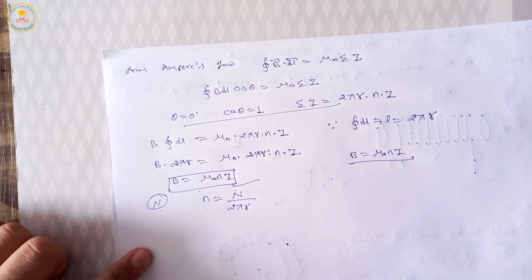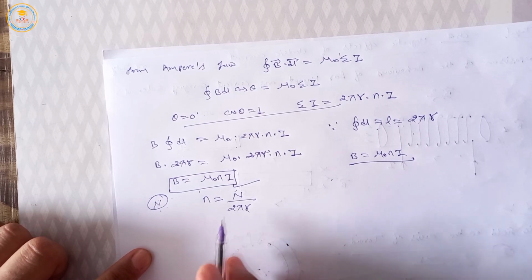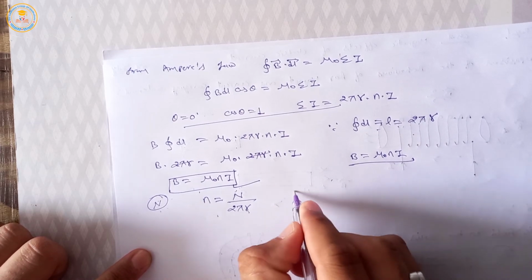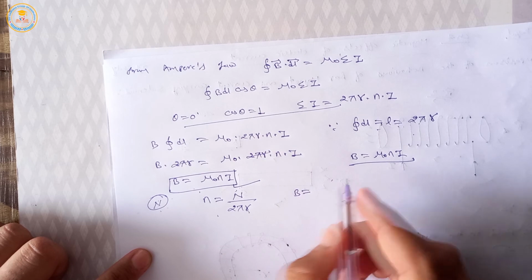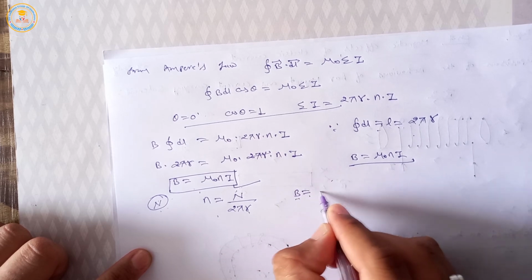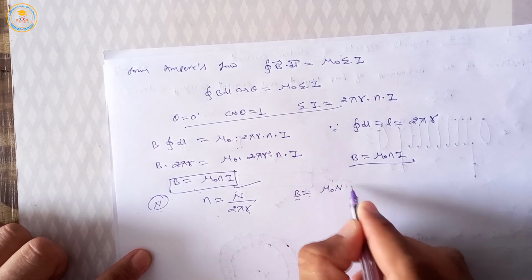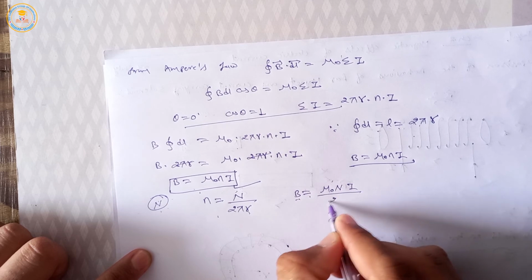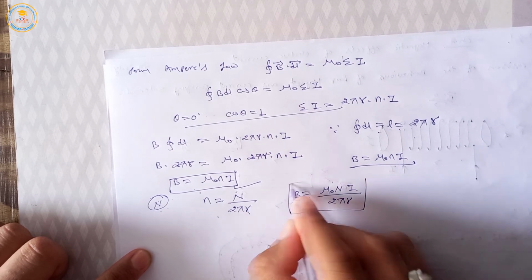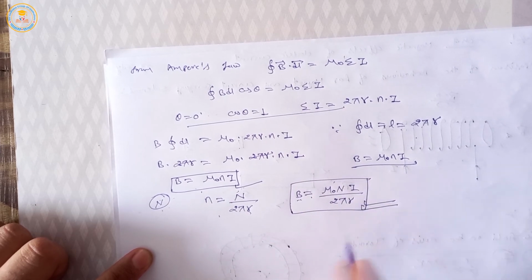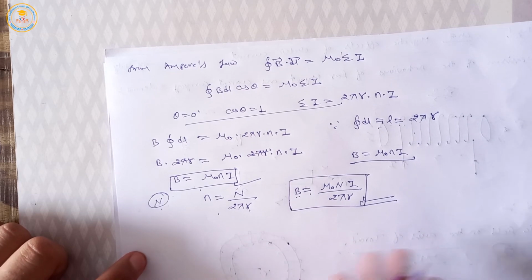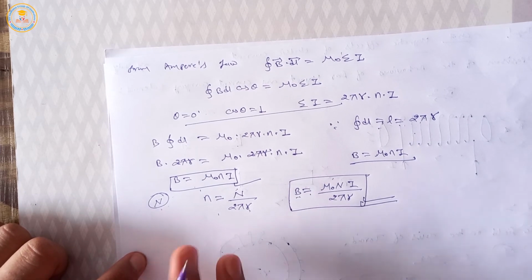So small n is equal to capital N upon 2 pi r. Put this value in this equation, then we get the magnetic field at the axis, B is equal to mu naught N I upon 2 pi r. This is another form of the magnetic field at the axis of this toroid.